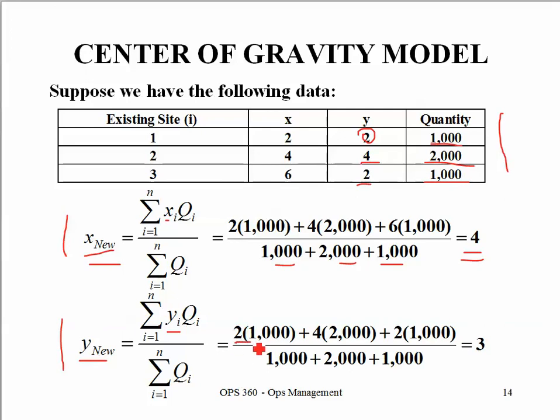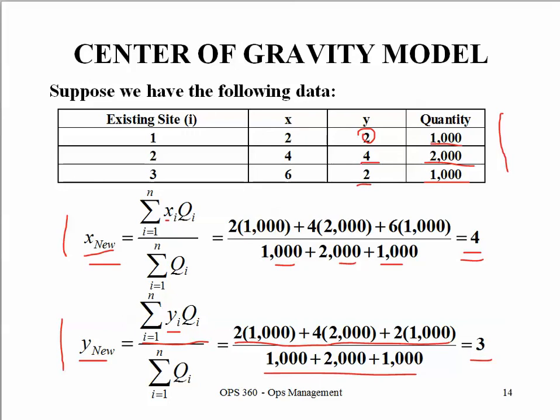That's what I'm basically doing in the numerator, following this equation. And then the denominator, as you can see, is the same as in the formula for the east-west coordinate, simply the sum of the shipment quantities across all three sites, 1,000 plus 2,000 plus 1,000. And when I divide the numerator by the denominator, I get a nice round number of 3.